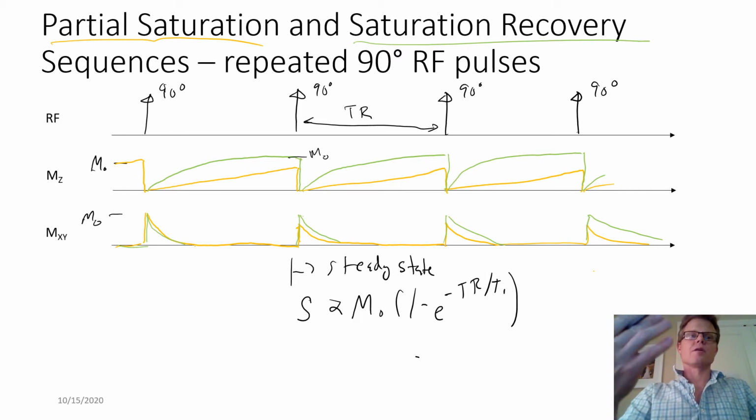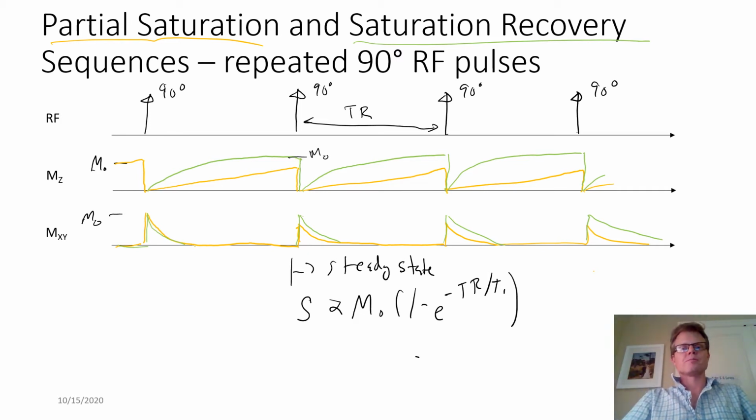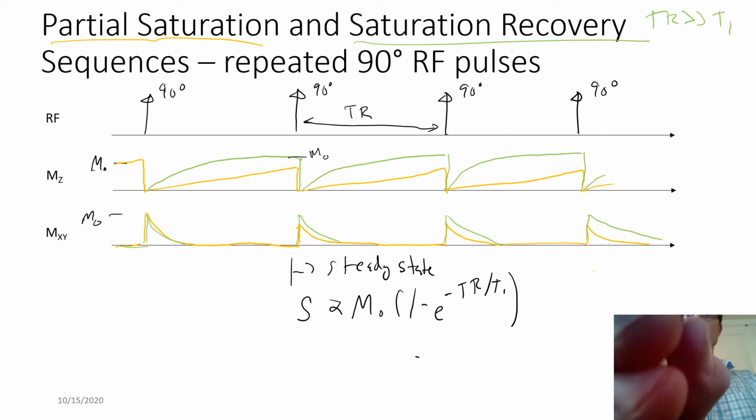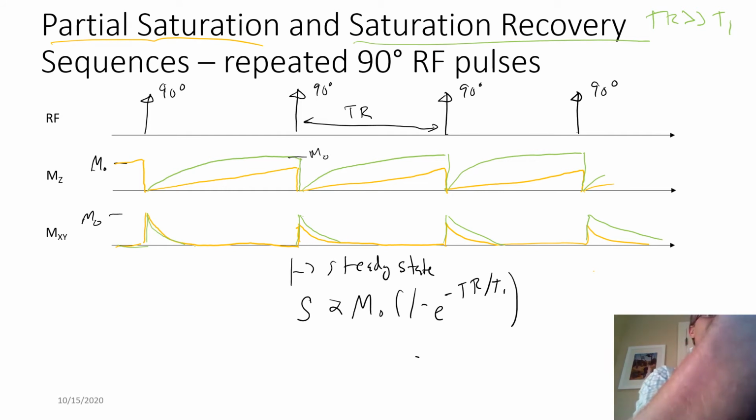And this is where we return to the full recovery to the unsaturated state. So saturation recovery is going to be TR much longer than T1. Partial saturation would be otherwise, TRs that are less than or equal to T1, about.